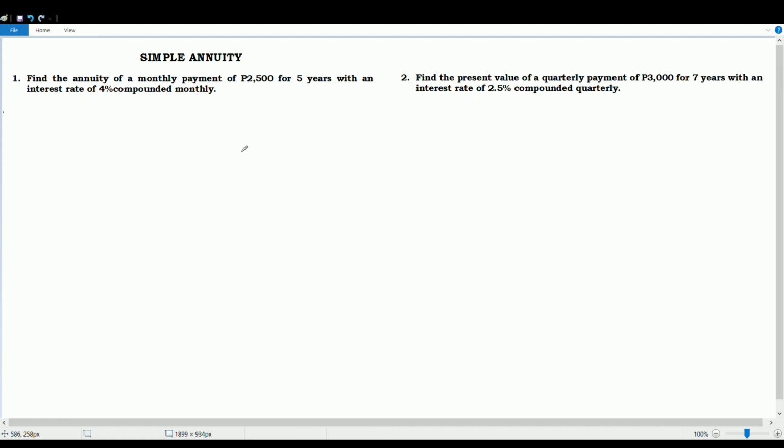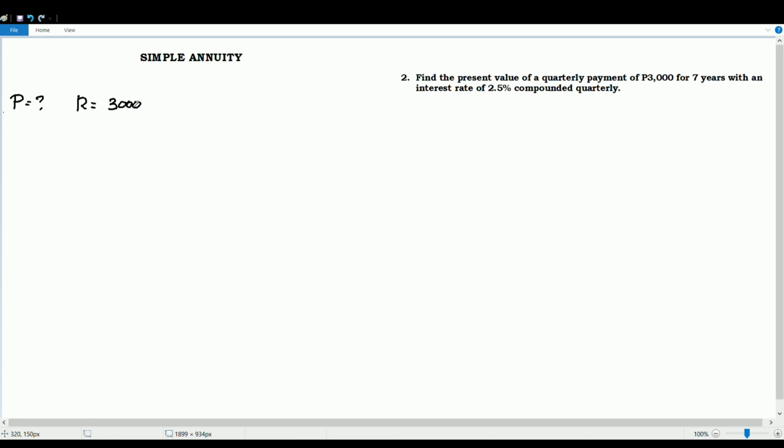We are looking for the value of P. And then we have a quarterly payment, a regular payment of 3,000 pesos, so quarterly, our n is equal to 4.